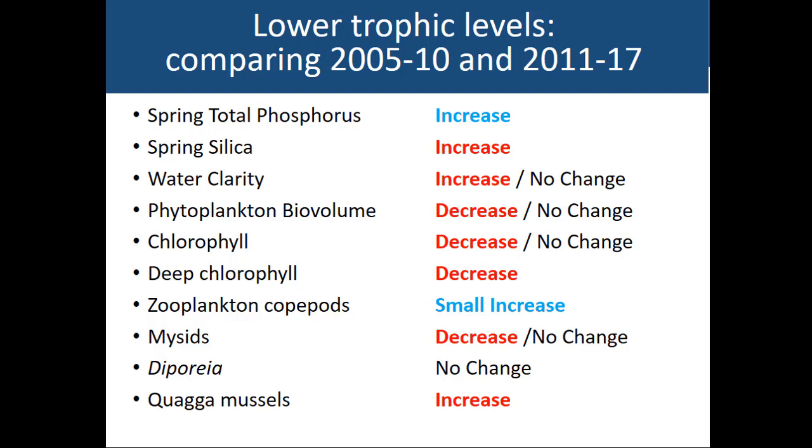It is due to this increase in quagga mussels, not to further declines in spring phosphorus. And in the summer, quagga mussels in the deep water should have very little effect on the productivity of the lake. It should be mostly run by how much nutrients there are, because they don't have access to that water column. And that's what we see.